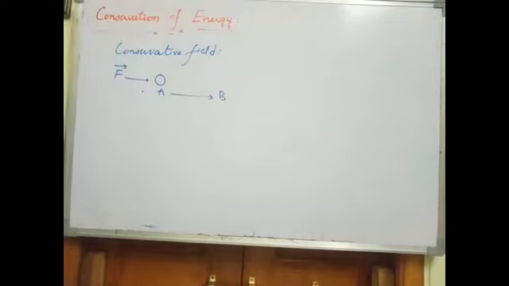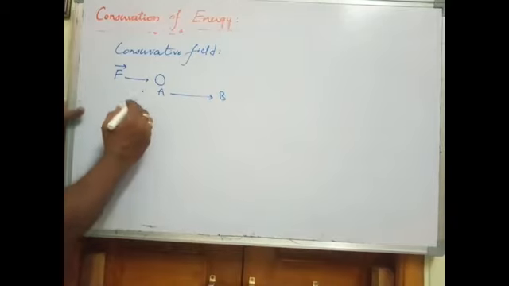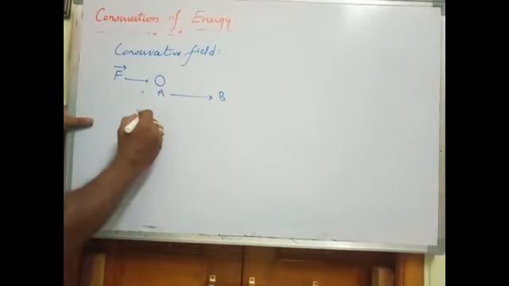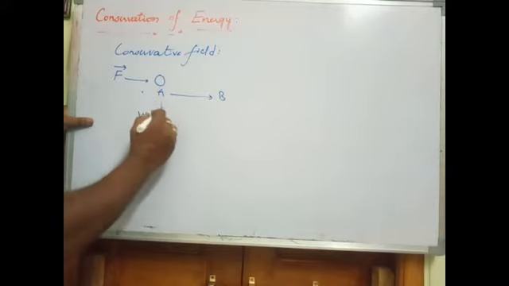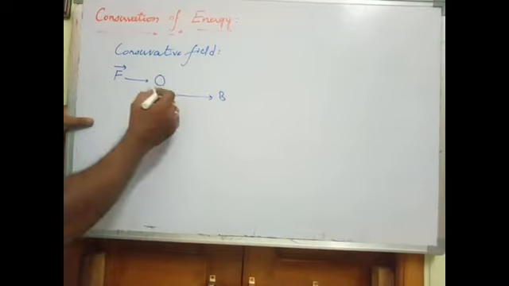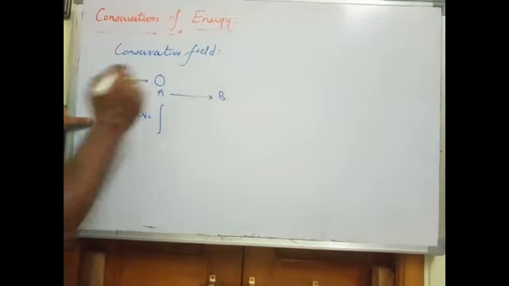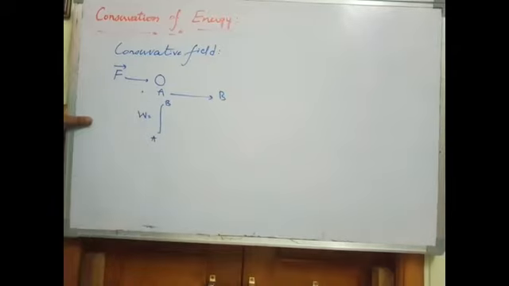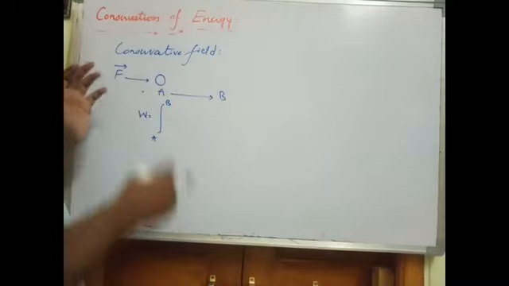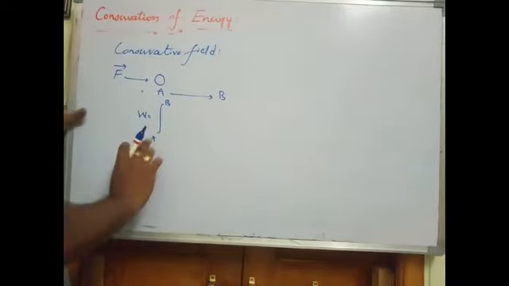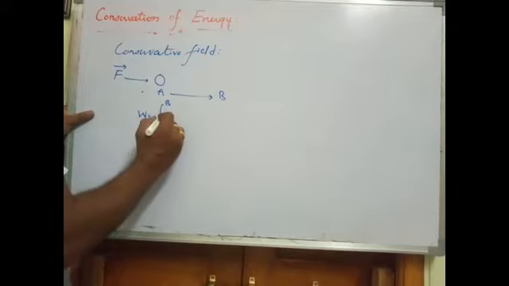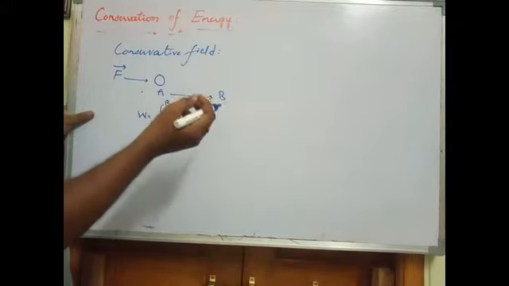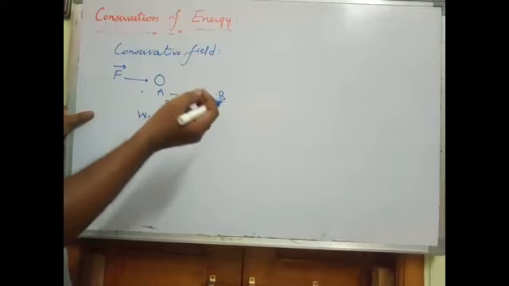Now the resultant work done on the particle can be written like this. See here, W equal to integral, and the starting and final positions of the particle are A to B. Integral A to B. That means we are going to find the total work done on the particle throughout the journey from A to B. Already we know how to write work done: W is equal to the scalar product of force and displacement.